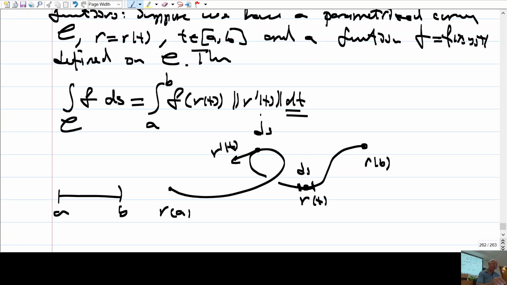Speed times dt is just the distance traveled by the object during the time dt. It is just this arc length, and then you multiply this arc length by this value of the function, which is the scalar. So this is not work. This can be considered as the mass, right? If F represents the density.